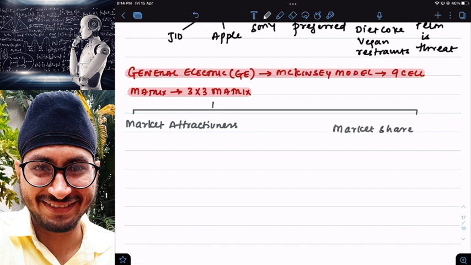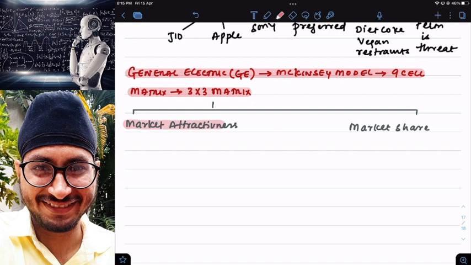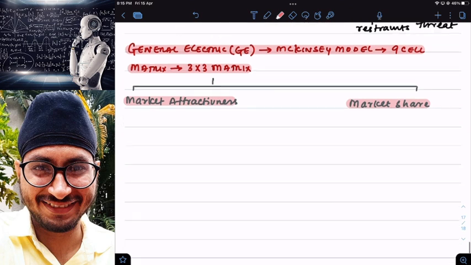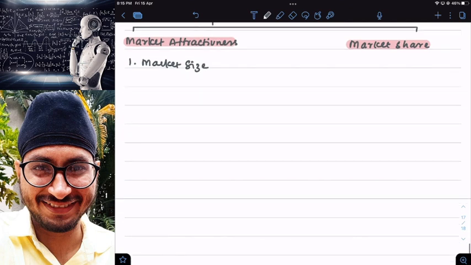First one is market attractiveness and second one is market share. Sir, in market attractiveness, how do I know whether the market is attractive or not? How do I know whether this market is good enough to enter or not? There are many factors. Let us say, for example, market size. Market size is one of the factors to determine whether a market is attractive or not.